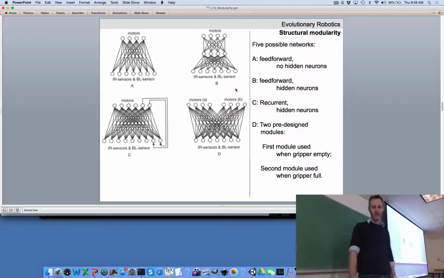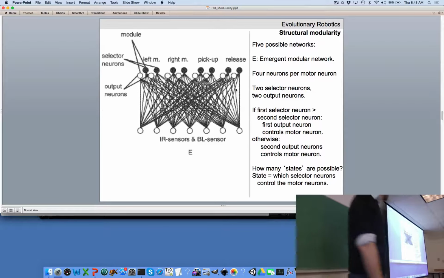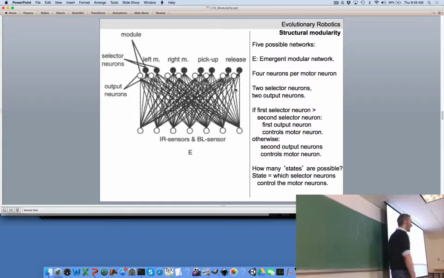This is a good way to partition the problem. So network E takes a while to sort of wrap your mind around, but network E is designed in such a way that it allows evolution to come up with its own modules. So just to refresh our memory, let's just look at this part here. These are the neurons that are competing to control the left wheel of the robot. And there are 2 modules that are possible here.